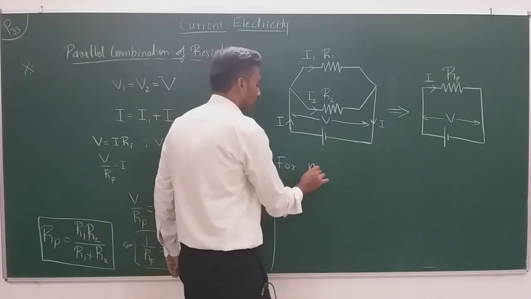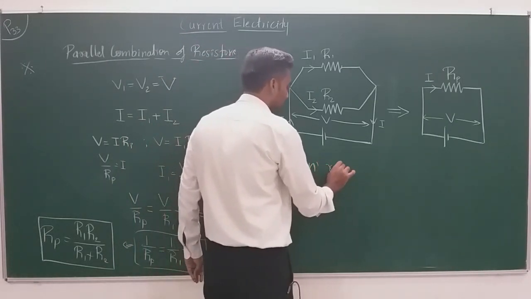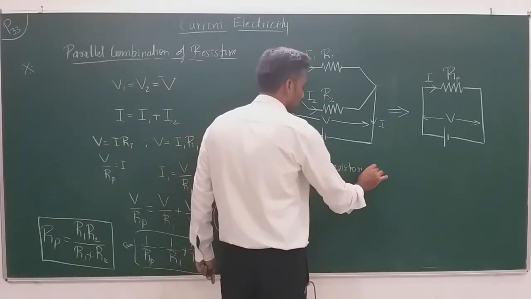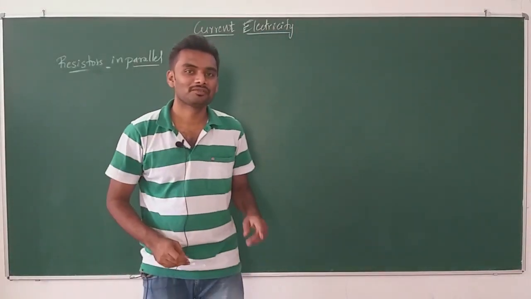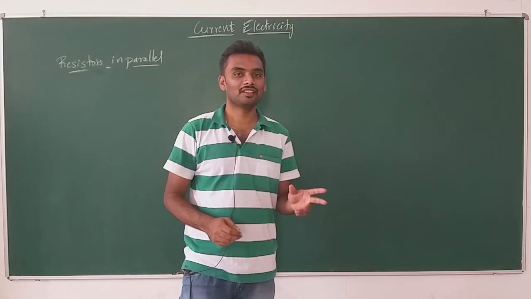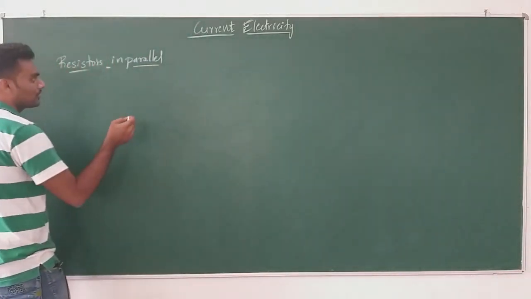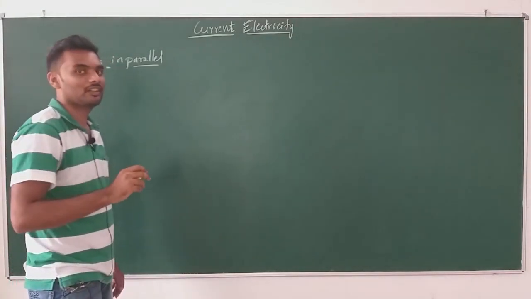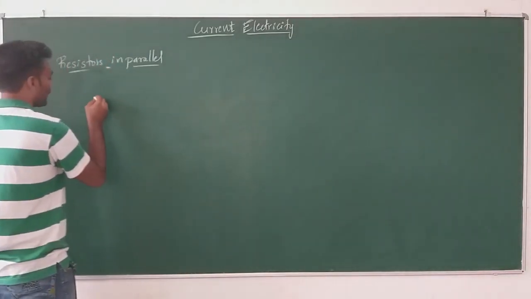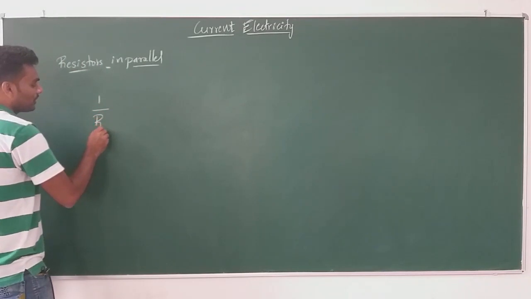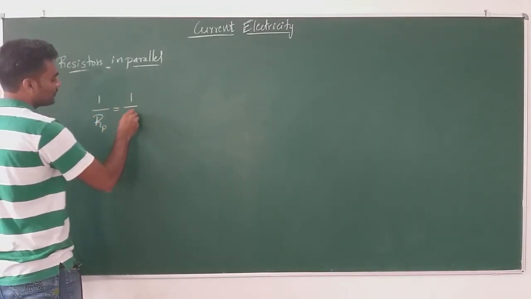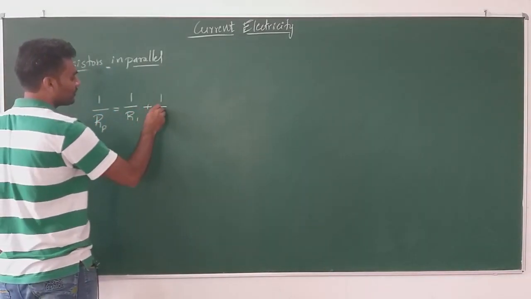For n resistors in parallel, so for two resistors connected in parallel, the equivalent resistance that we obtained is 1 by Rp is equal to 1 by R1 plus 1 by R2.